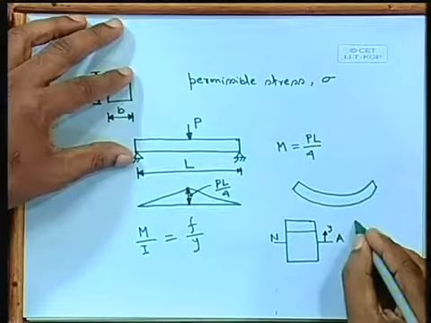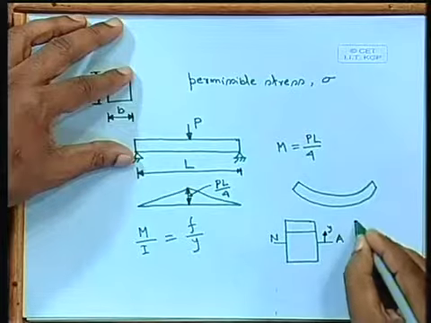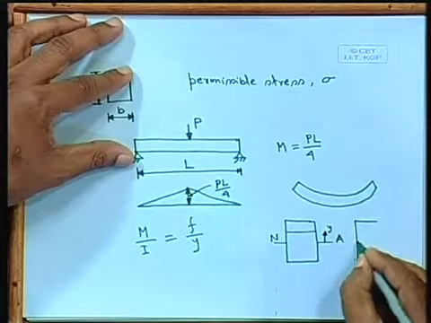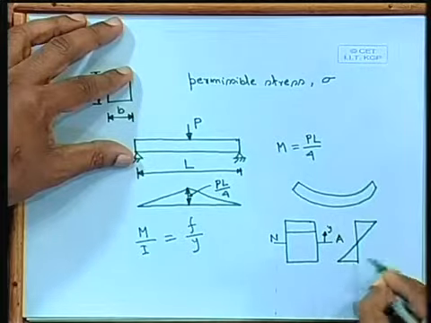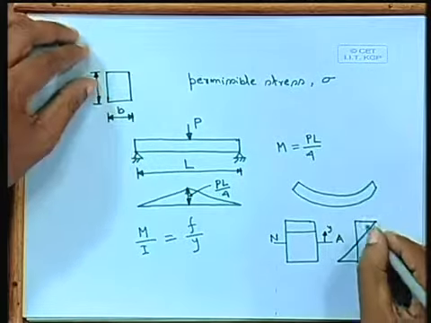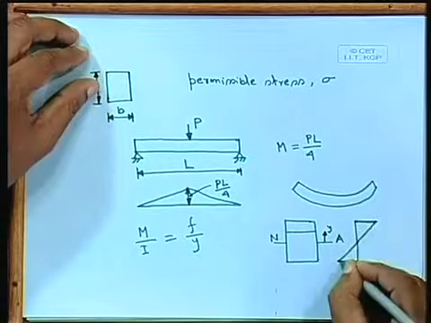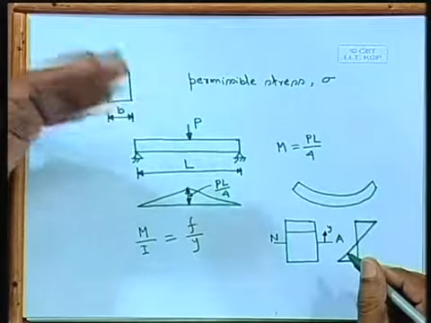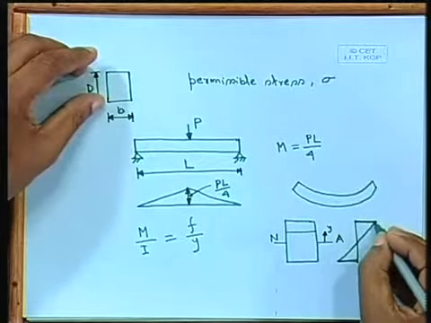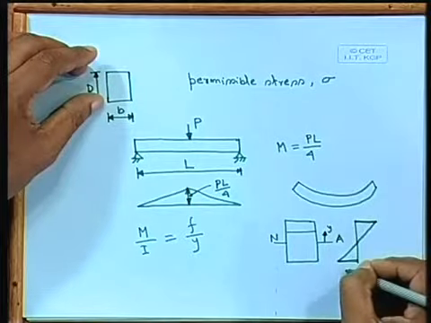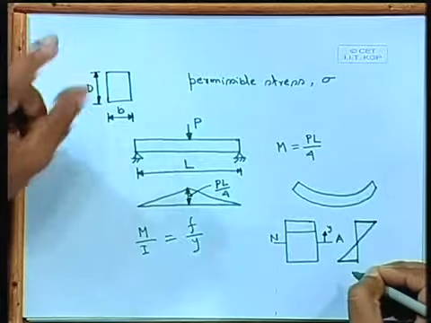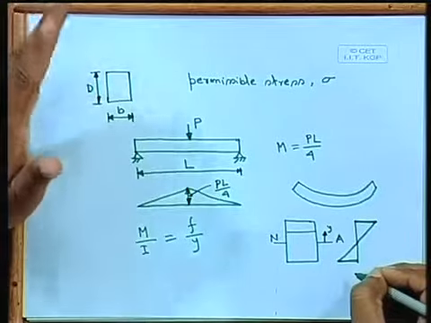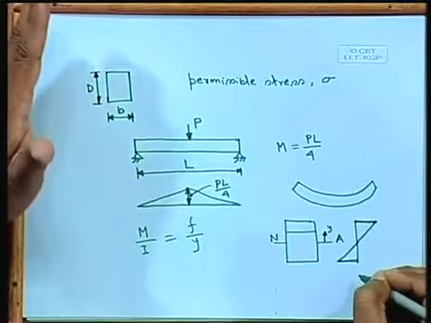Generally that stress diagram comes in the neutral axis, it will be 0 and it will be like this. So, we can find out the stress, which will be maximum at the edges, on the outer side, at the top and at the bottom. On the basis of that we have to find out whether it is coming within the permissible limit or not.